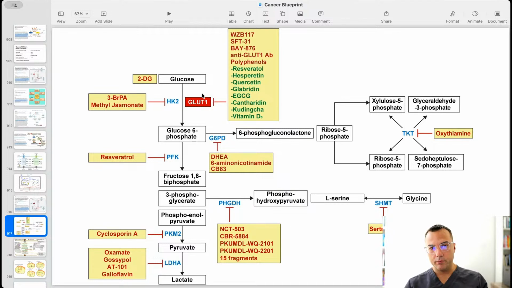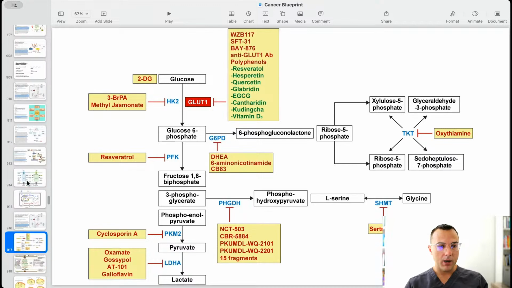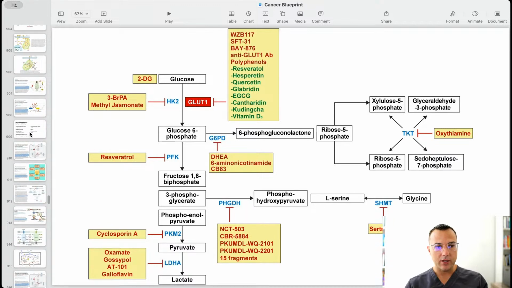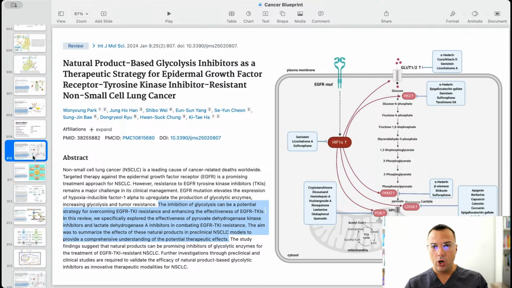We have the glycolysis pathway and the same key enzymes being inhibited, but may have a bunch of different other things. So my goal with this is to get organized, because these tend to be pretty all over the place in terms of standardization, I guess you'd say. So we're going to try to bring some order to the chaos.